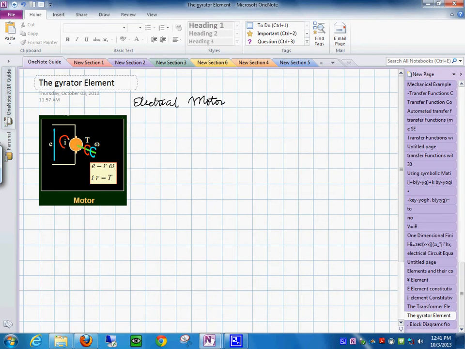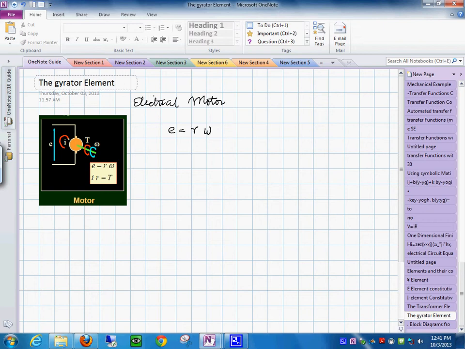The important thing is, how does this transformation occur? The equations here say that the voltage on the side is equal to the motor constant times the angular velocity.